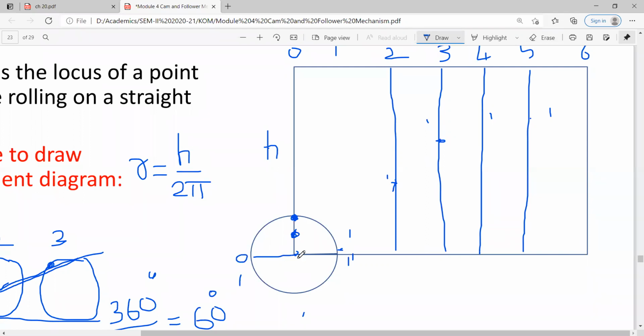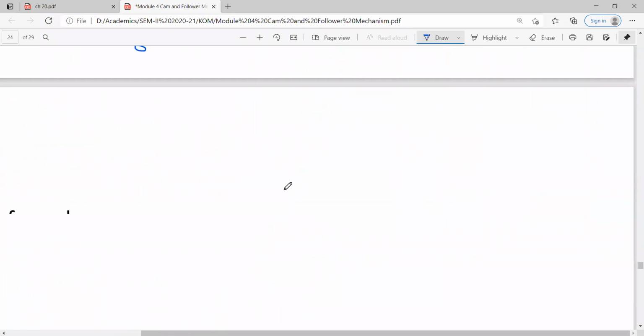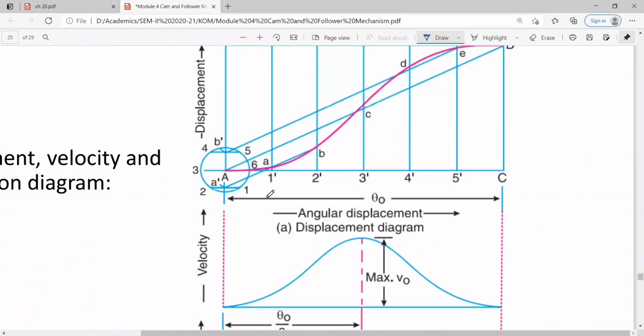Okay, 0, then 1, 2, 3, 6. Let me check once. It is starting from this point.